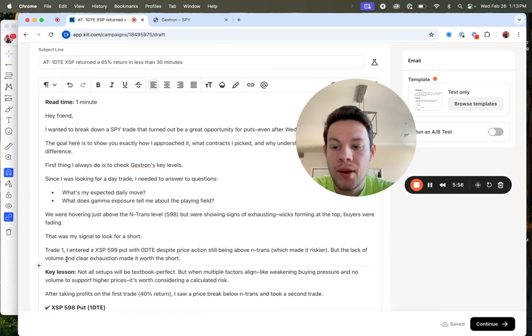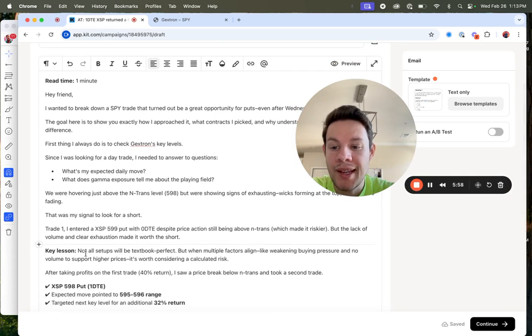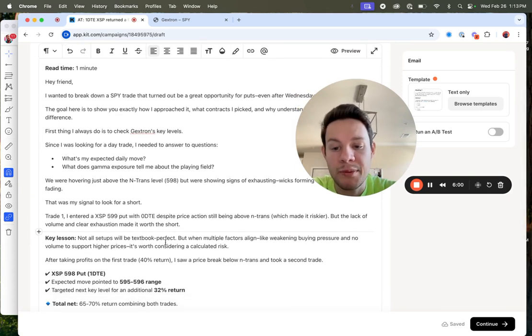The key lesson here is that not all setups will be textbook perfect. You just have to learn to adapt and react, and not just fast enough, but also correctly, because if you react wrongly, it can cost you money.